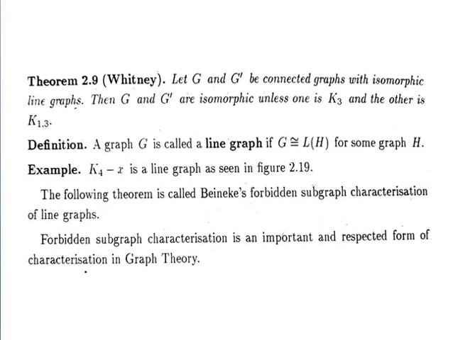These two graphs are isomorphic unless G is K3 and G dash is K1,3, or vice versa. Next we have a definition. A graph G is called a line graph if G is isomorphic to L of H for some graph H.